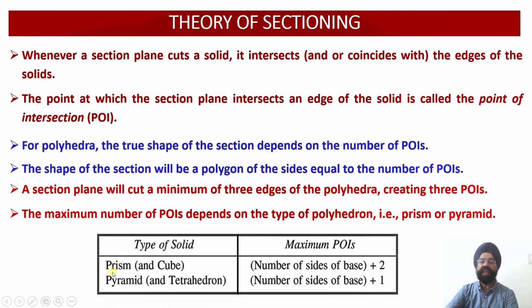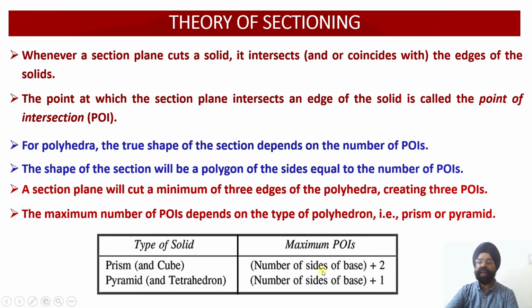Here you can see, in case of prisms or cubes, usually the number of POIs is equal to the number of base edges. But the maximum number of POIs that you can have once a prism or a cube has been cut by a cutting plane can be n plus 2.